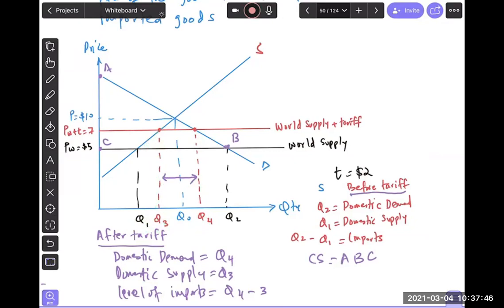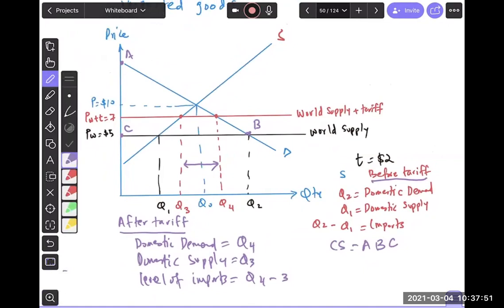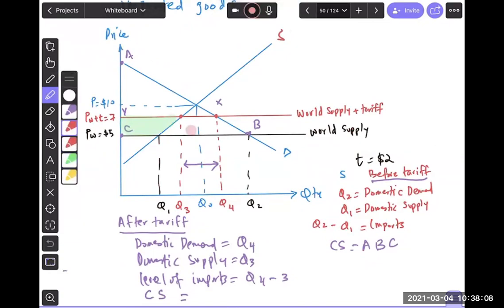So guys, from the diagram, what's happening to my consumer surplus? What's my new consumer surplus? The answer will be A, X, Y, which means this region plus this region. These two regions in yellow are my loss of consumer surplus.